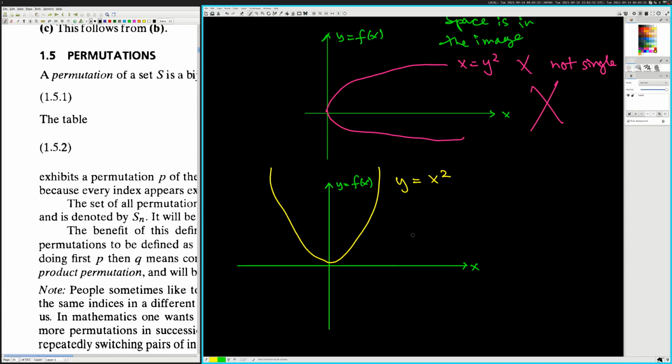Now we get into mathematical fancy mode. This is a function, but it is not injective. And if we view it as f from the rationals to the rationals, it's not injective and it's not surjective either.